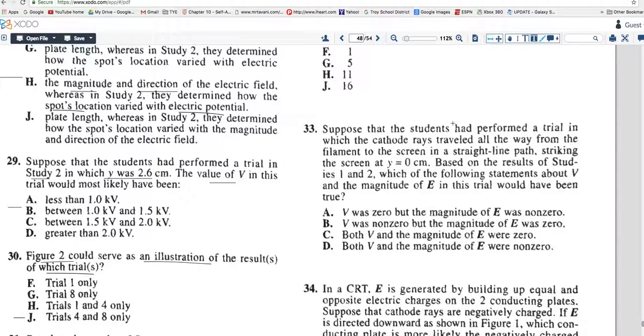Suppose that students had performed a trial in which the cathode ray traveled all the way from the filament to the screen in a straight path, striking the screen at y equals 0. Based on the results of study 1 and study 2, which of the statements about V and E would have been true? Okay, so we want to get y equals 0.